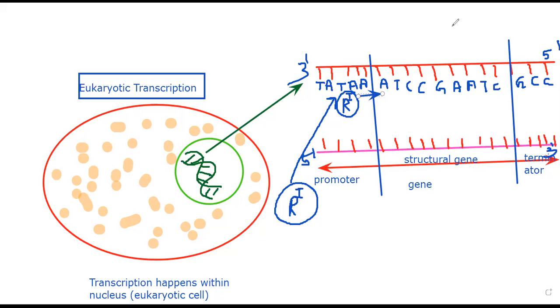So you know there are certain free nucleotides present inside your cell cytoplasm. Okay, so RNA polymerase 1 will take these free nucleotides one by one, and start joining them together to make the RNA.